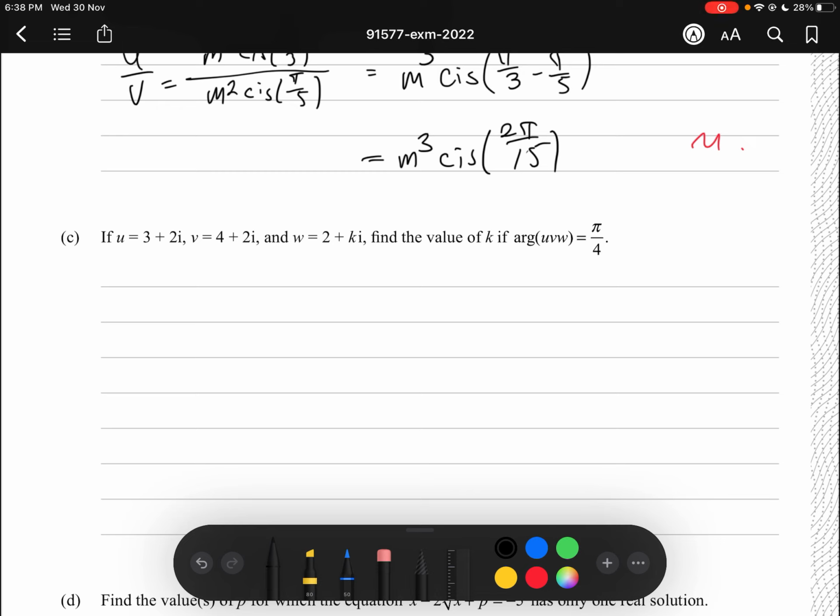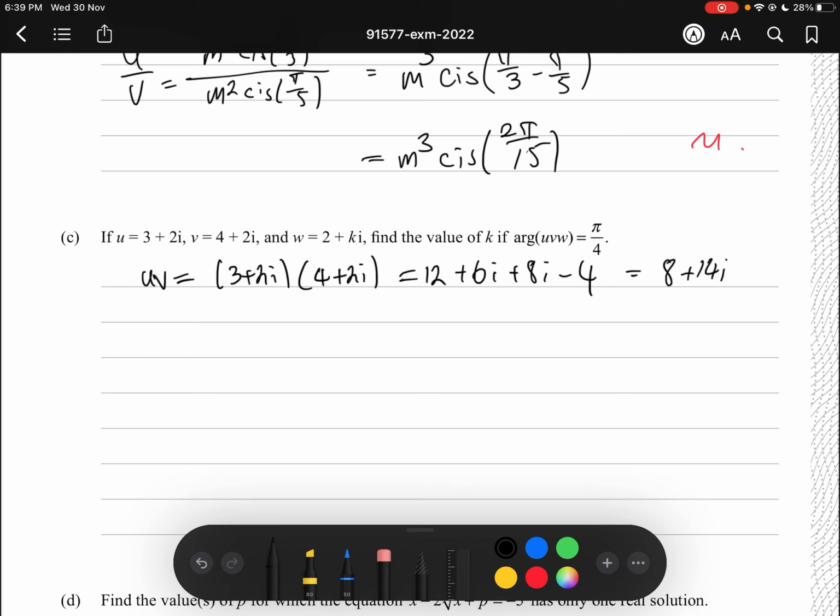Now let's start off by multiplying u and v. So uv equals 3 plus 2i multiplied by 4 plus 2i, and that is equal to 12 plus 6i plus 8i minus 4, and that is equal to 8 plus 14i.